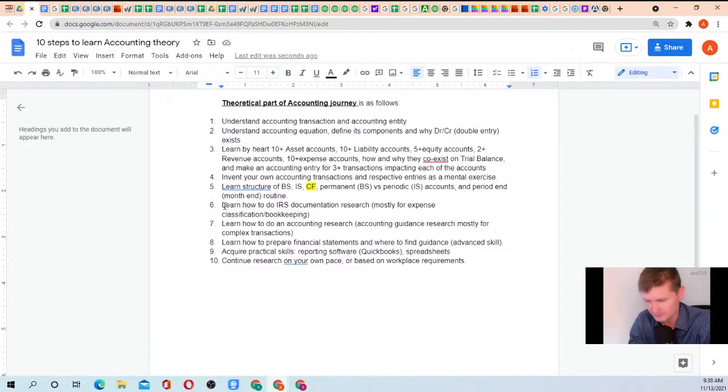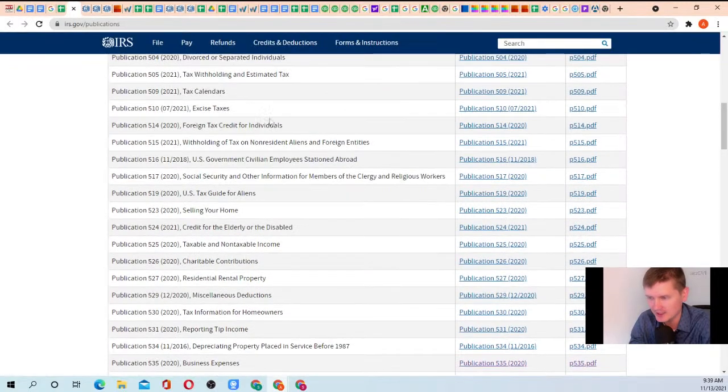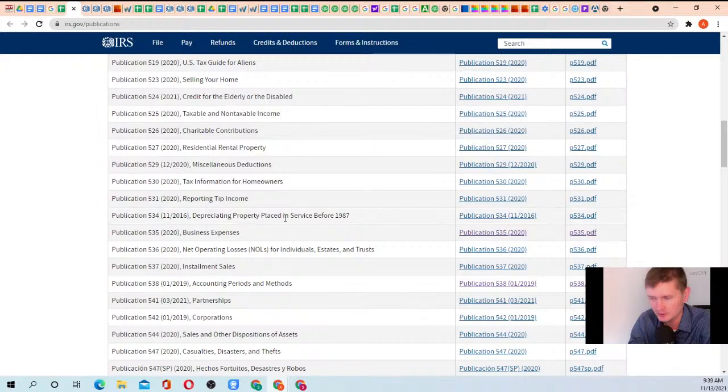Then we dug into some IRS documentation. We looked into a bit of guidance. We discussed that for a regular person, not an advanced tax accountant, IRS publications are probably the best source of accounting knowledge.